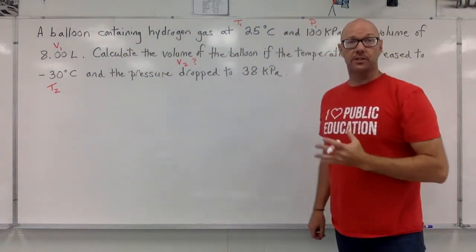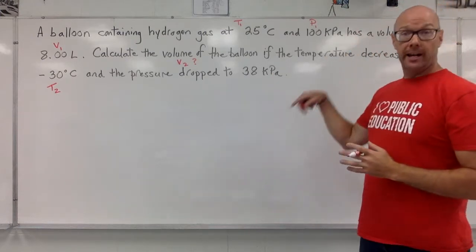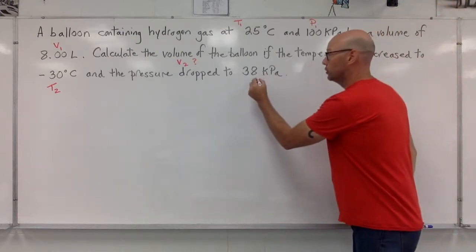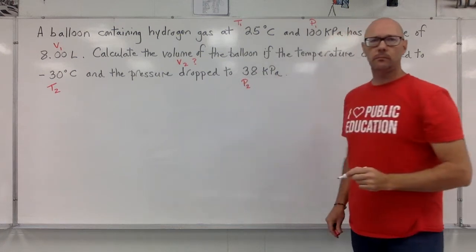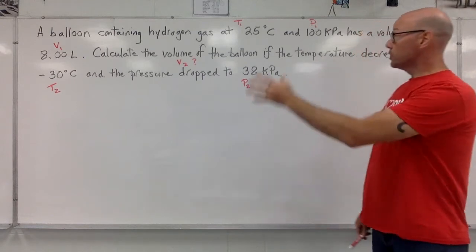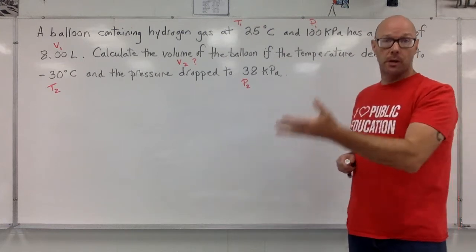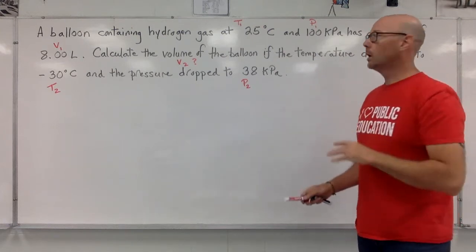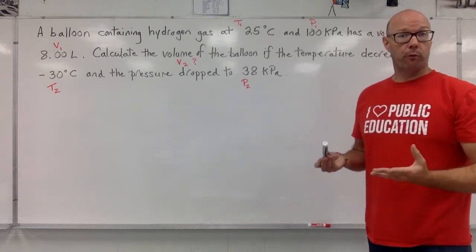That minus 30 is T2, and the pressure dropped. Started at 100 and it dropped, okay, there's another logical connection there. And this is P2. We don't have to dwell on it. However, there's lots of connections, there's lots of ways to make the decision, oh, is this a 1 or a 2?